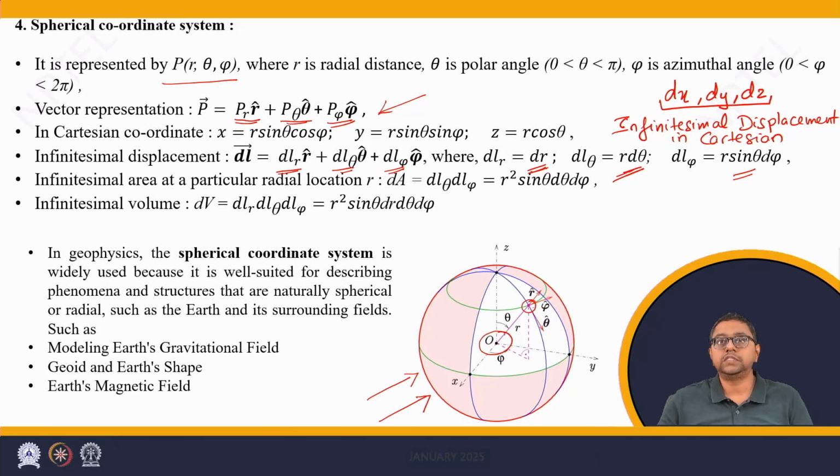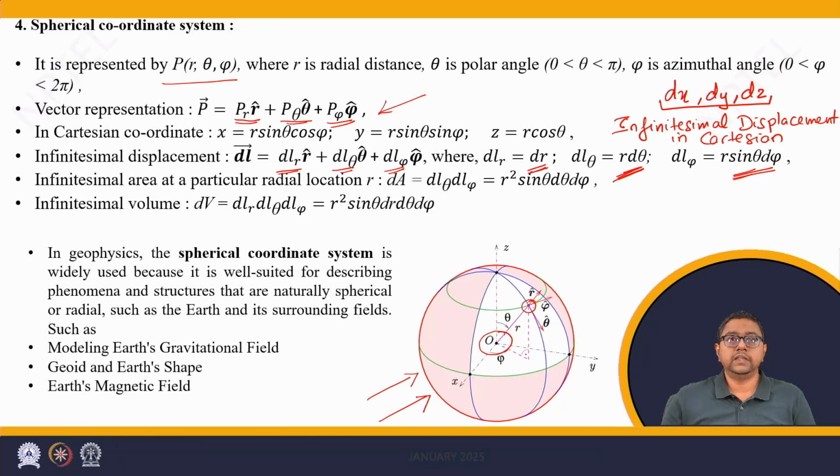Such changes in the area as one moves outward is evident in the infinitesimal displacements, the r d theta and r sine theta d phi.